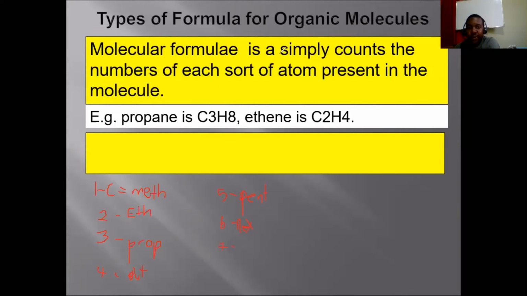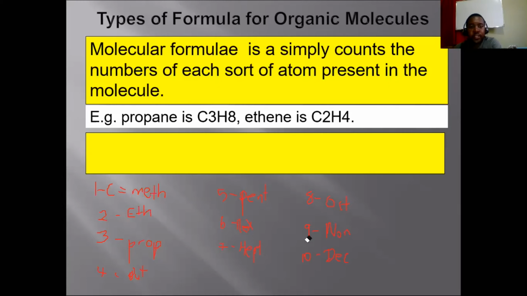All right, let me help you out with 7. 7 is hept, and 8 is oct. 9 is non, and 10, which is the max that we do at this level, is dec. Those are important to remember because they help you in naming each individual compound or writing the formula of the compounds. In naming our compound, we look at the number of carbons present and the functional group that's there in order to name it.